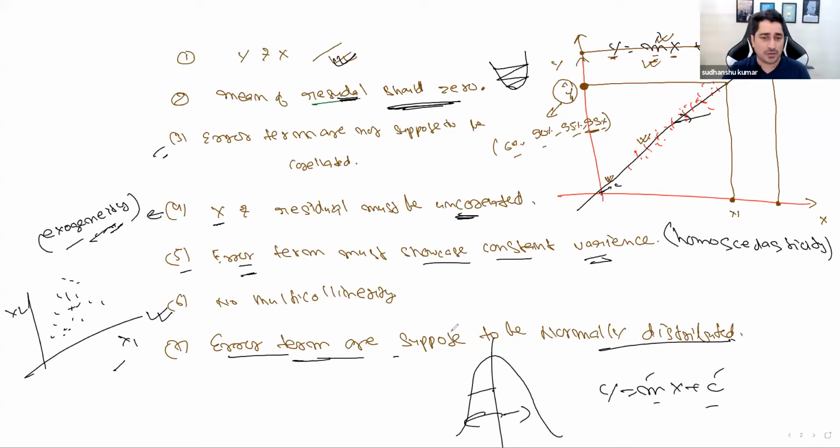What I will do is validate all of these points: whether there is some exogeneity, whether there is some homoscedasticity, whether there is some multicollinearity in our data, whether my error terms are 0 or not. I'll verify each and every point, and then I will say, yes, my model is a good one.